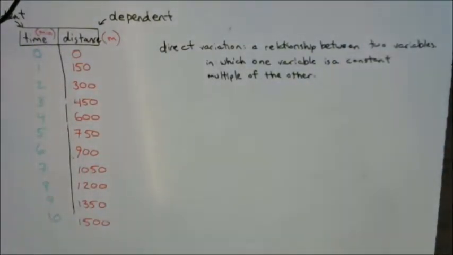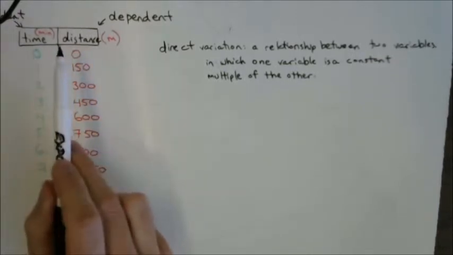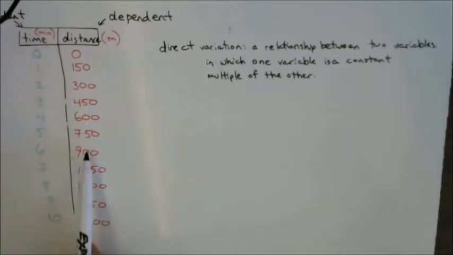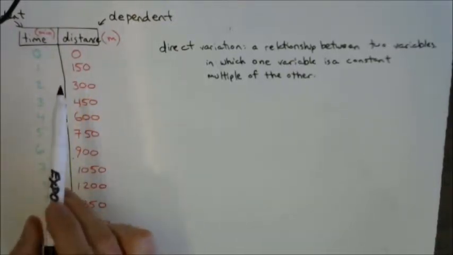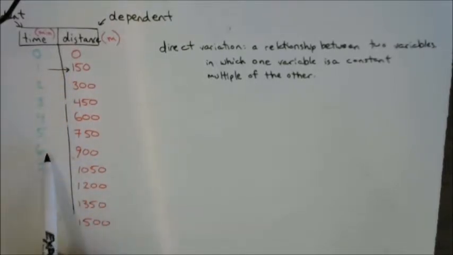Okay, so the example we just talked about was direct variation. It's a relationship between two variables where one variable is a constant multiple of the other. So D is always 150 times T. No matter where you are on the chart, D is always 150 times T, where 150 is the constant multiplier.